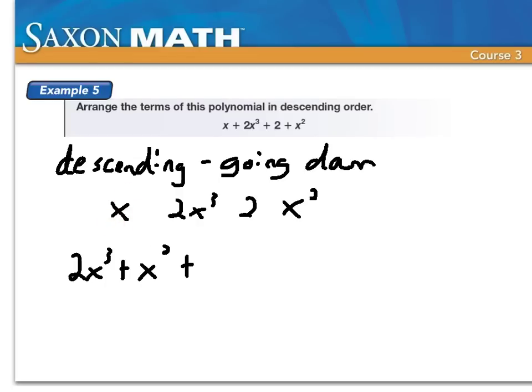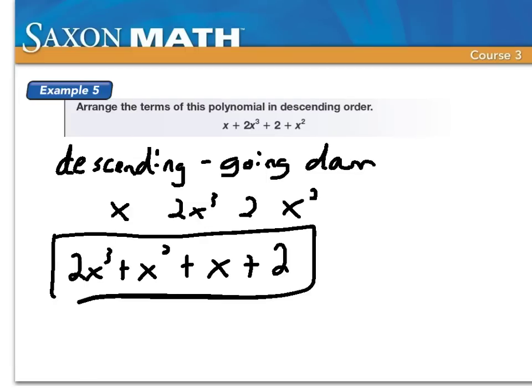This has an exponent of 1, and this has no exponent. So we're going to put the variable first with the exponent of 1, and we're going to throw our constant on last. Okay, so now this is in descending order of my x's. I've got 3 x's here, 2 x's here, 1 x here, and then no x's there. So again, descending means going down.